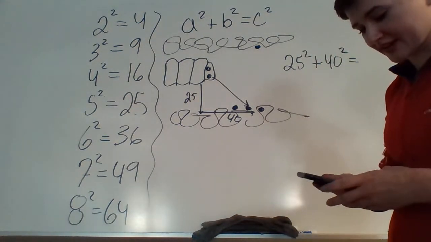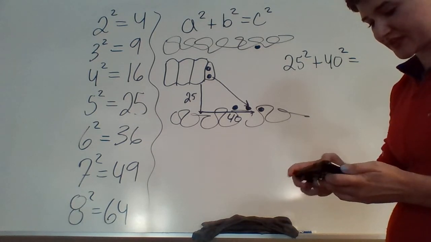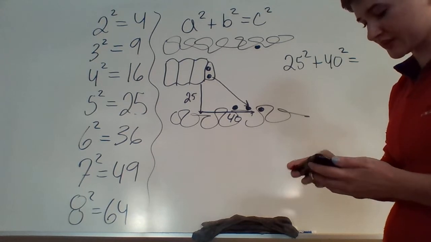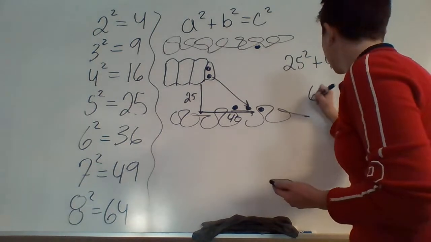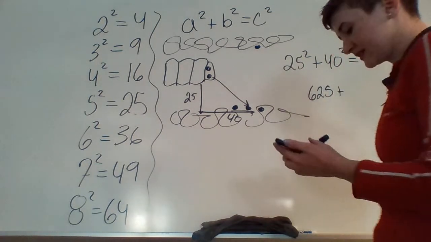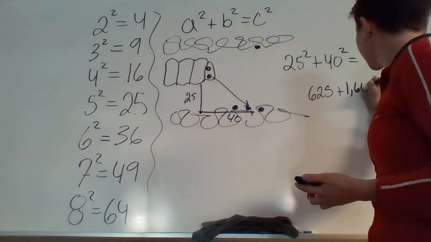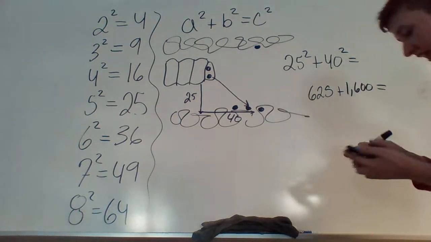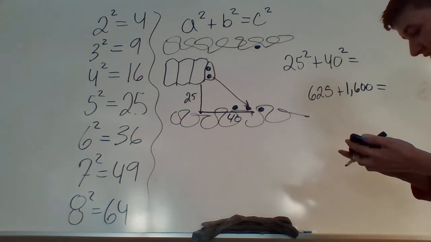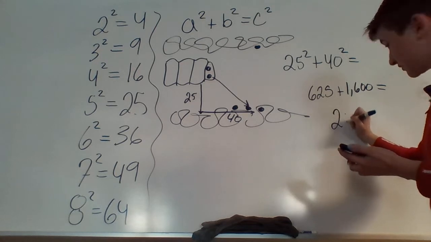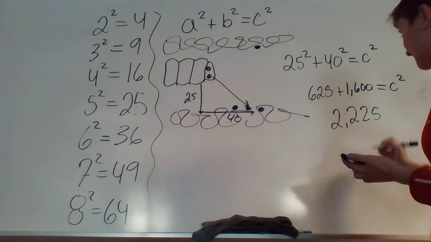And we take out our handy dandy calculator. 25 squared is 625, plus 40 squared, which is 1,600. And we add them together and we get 2,225. Remember, I'm just trying to get my c to be less than 60 feet.